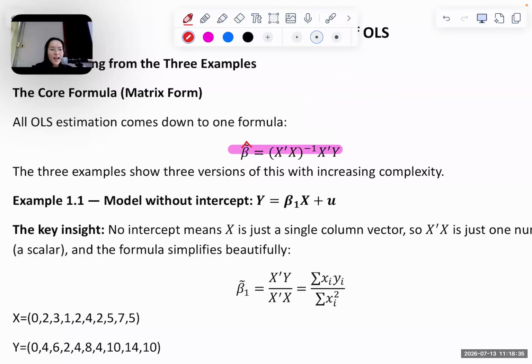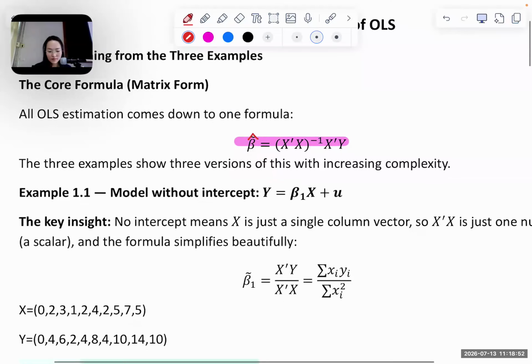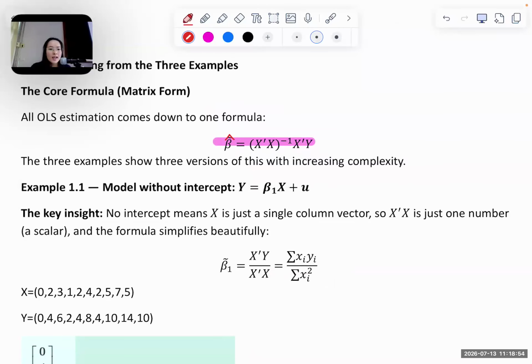Beta hat, this is the only one formula, equal X transpose X inverse X transpose Y. This is the one formula for everything in this course, no matter how many X you have. Every regression you will run, 1 x, 10 x, with or without an intercept, it's just the same formula. You plug in different x and y.